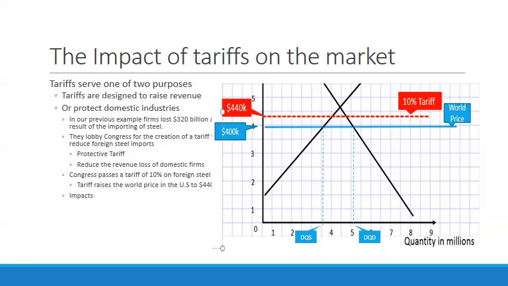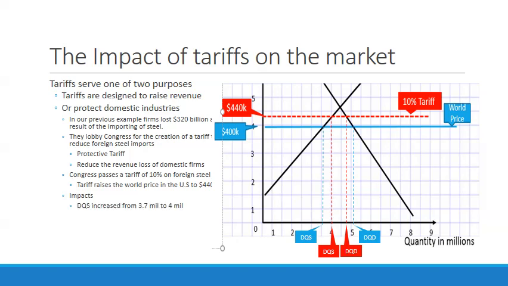So what we'll notice first is the domestic quantity supplied and domestic quantity demanded for our steel where the world price is. Now what's going to happen, of course, is when the tariff comes into play, domestic quantity supplied increases, whereas domestic quantity demanded decreases. And so now we see these two red lines.